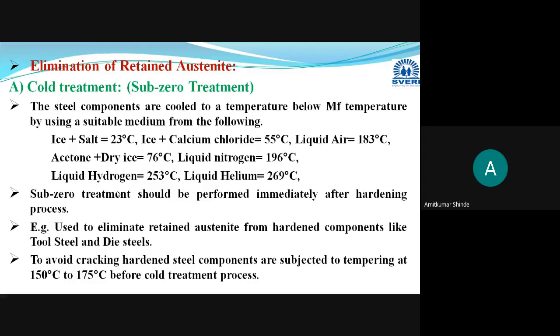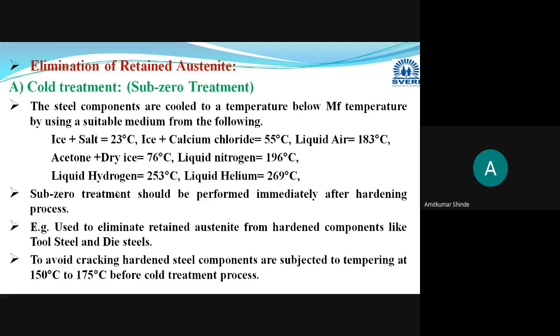If you have any query up to this point, what we have discussed within this first 20-30 minutes: the meaning of retained austenite or untransformed austenite, factors affecting the amount of retained austenite, its distribution in that particular steel component, and the effect of the retained austenite on the properties of the steel. Now different elimination methods are there, which we will discuss in the next 20-30 minutes.